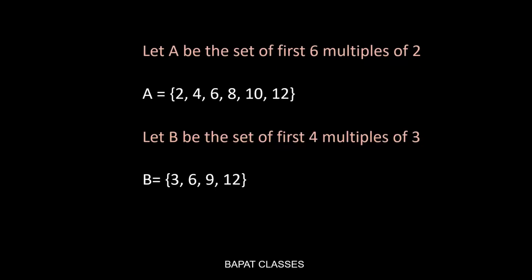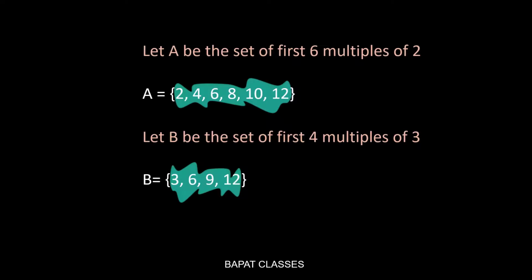Then A union B is set of all elements of set A together with all elements of set B. That is, A union B is 2, 3, 4, 6, 8, 9, 10, 12.